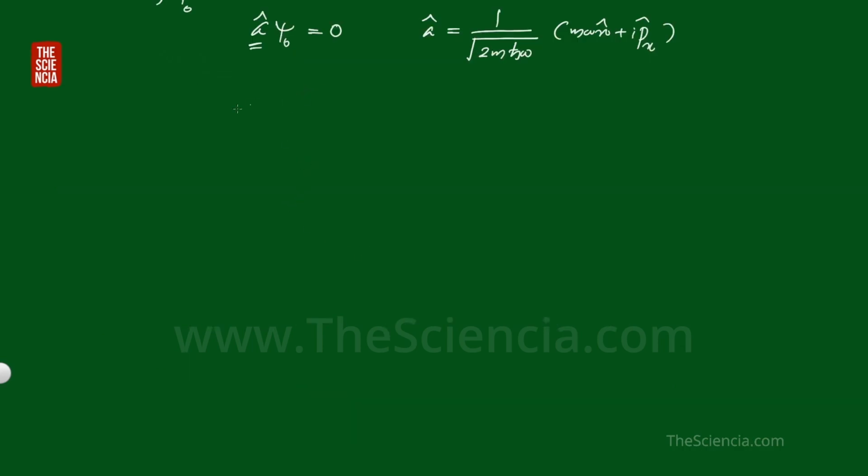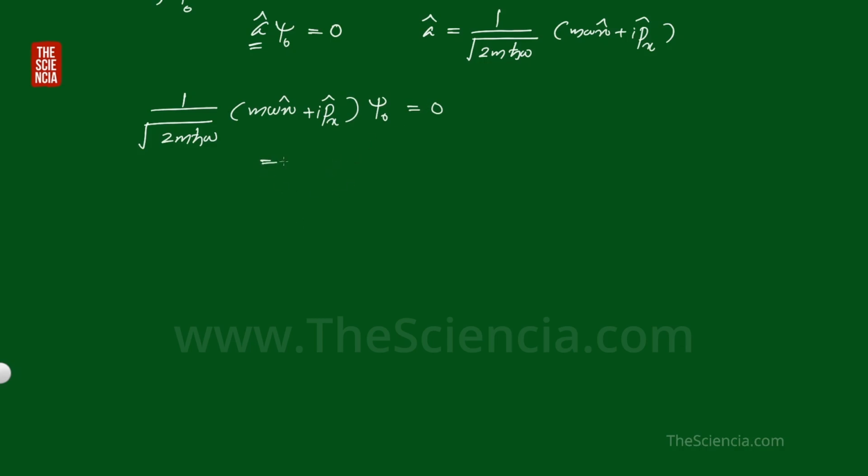So I can write this expression as 1 by root of 2m h cross omega (m omega x cap plus i p x cap) into psi 0 is equal to 0.